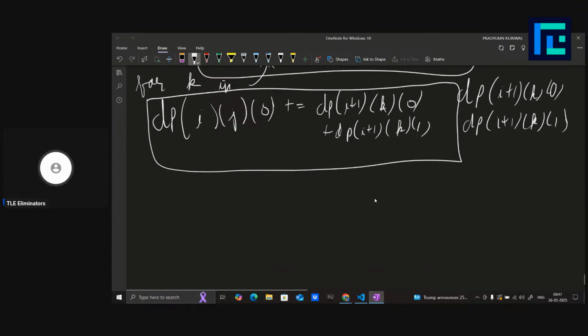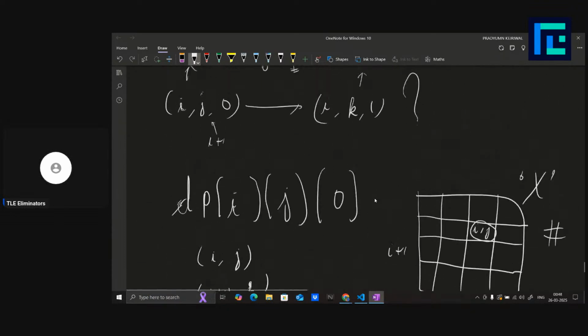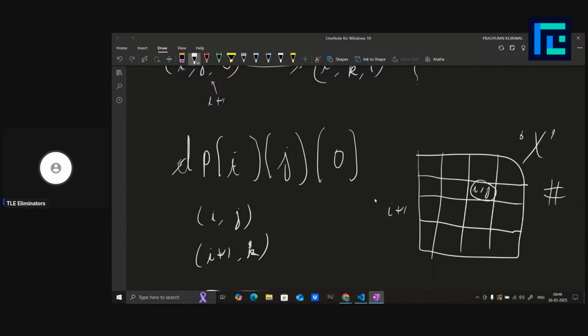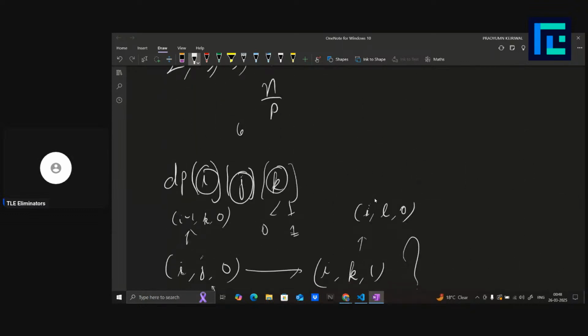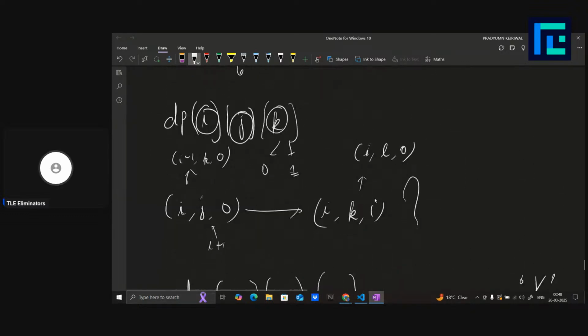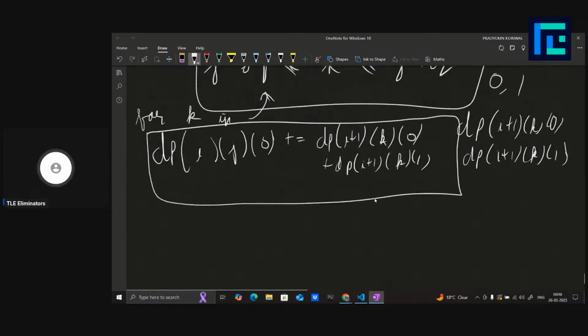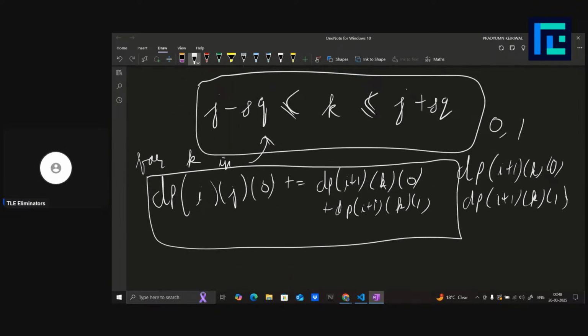How many states do we have? We have n into m into 2 states. Here we have n rows, m columns, and 2 states, so we have 2mn states. And to transition, I am running a for loop of size 2sq. So 2sq can be pretty large, or basically min of 2sq comma m.